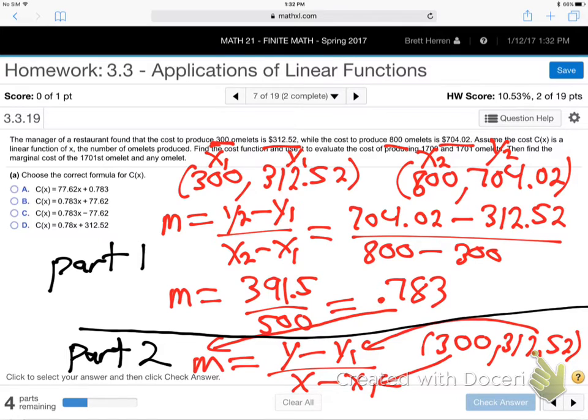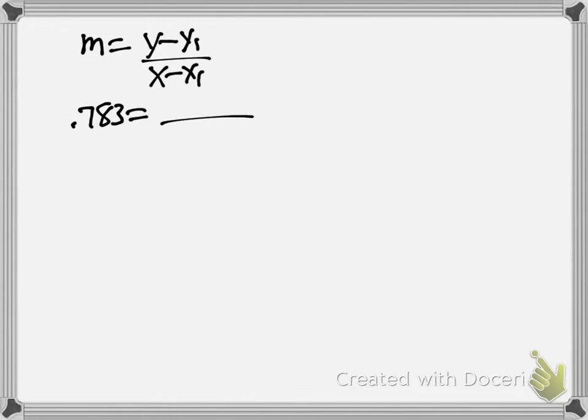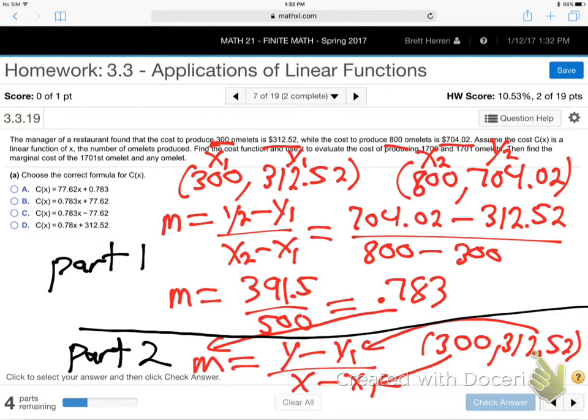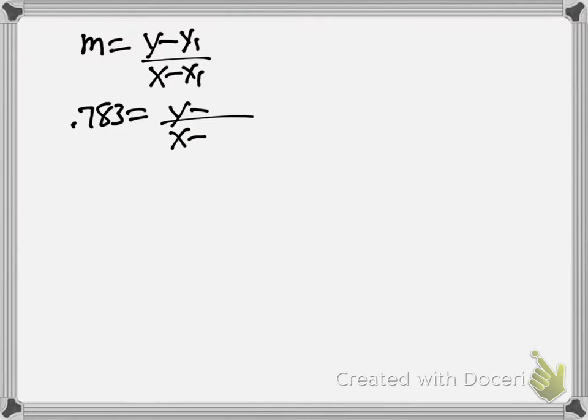So I'm going to go to the new page. The slope is 0.783, y minus, x minus, so I'll rewrite what we got there. This is 0.783, y minus, x minus, and what was it? It was 300 on the bottom, 312.52 on the top.